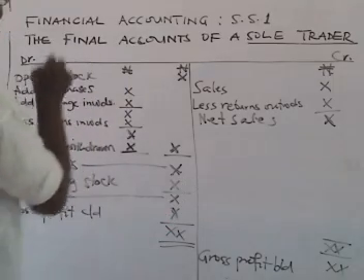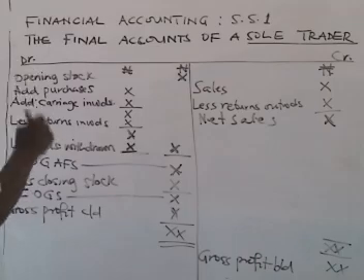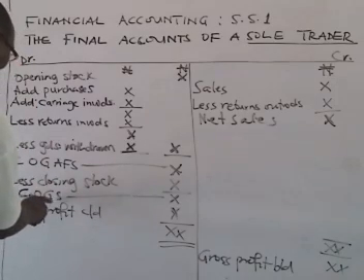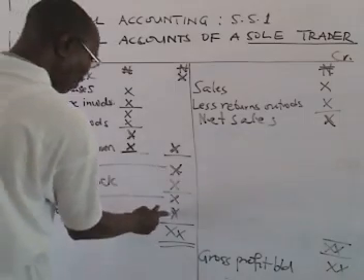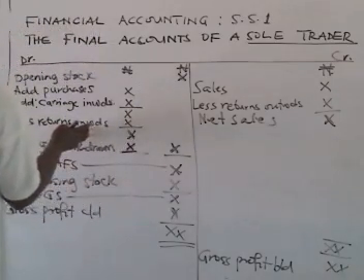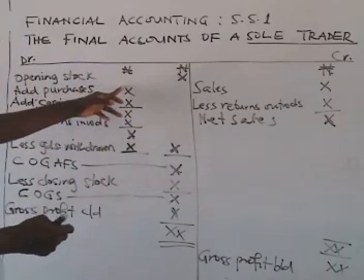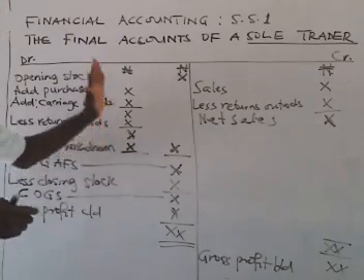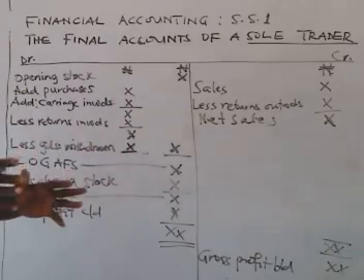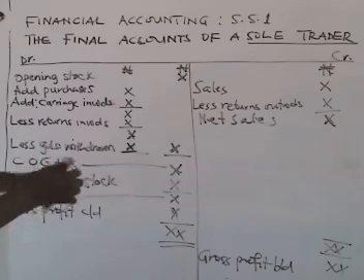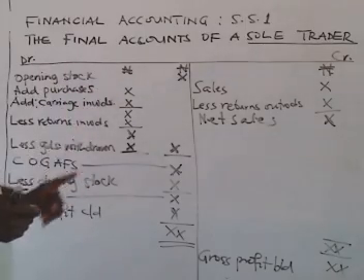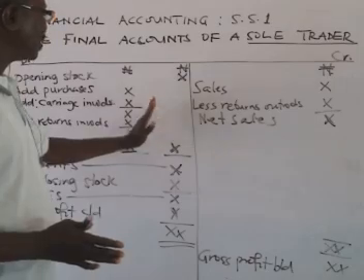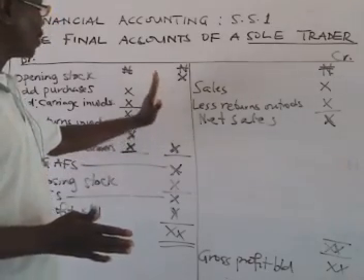When preparing your trading account, you must take note of some items here, like the cost of goods available for sale and your COGS. These two are derived from the expenses you have taken care of. Now we have here purchases, carriage inwards, and mind you, the format here is just to guide you on how to prepare your trading account.